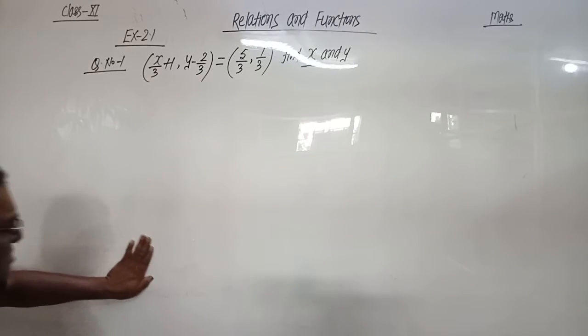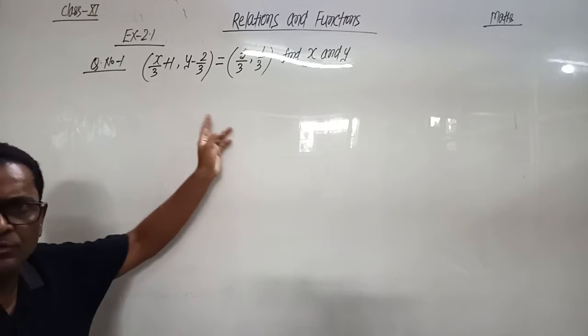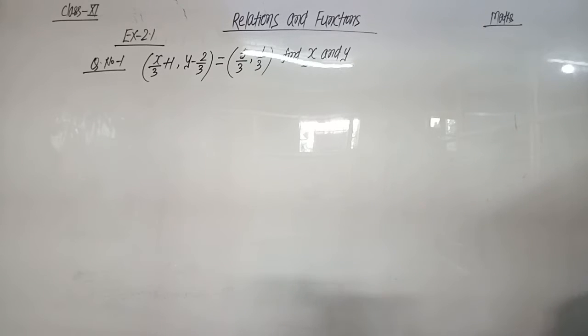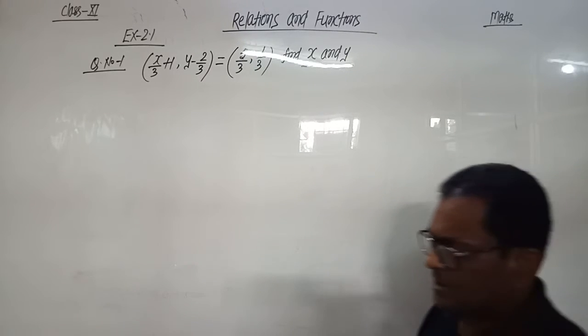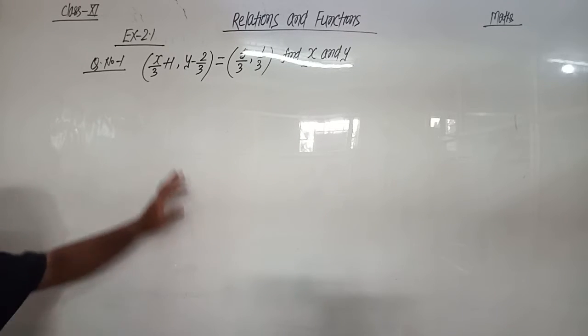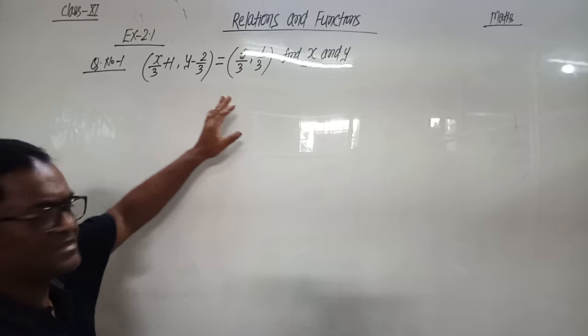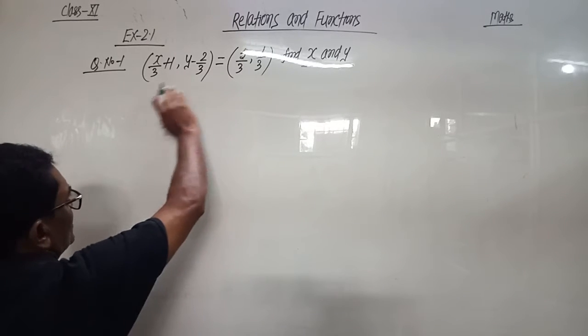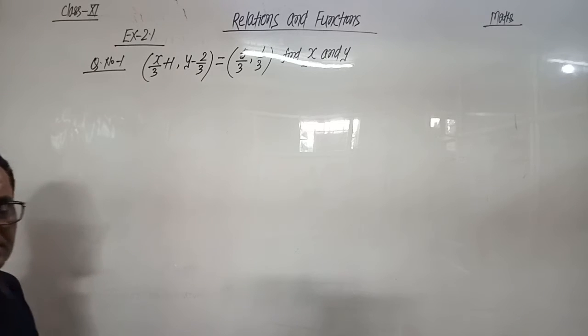So we use the concept of equality of two sets. We have studied that two sets are said to be equal if they have the same elements, so the same ordered pair, equal ordered pairs.